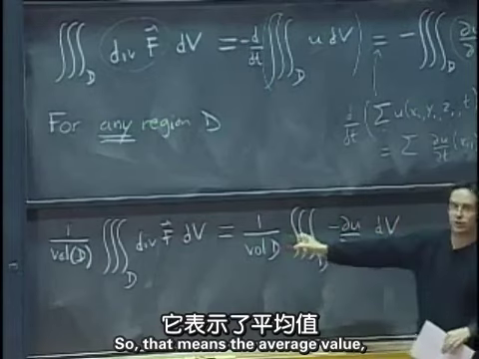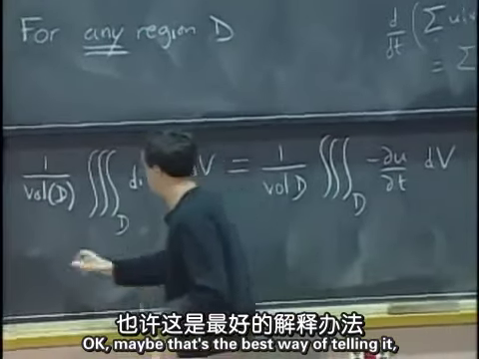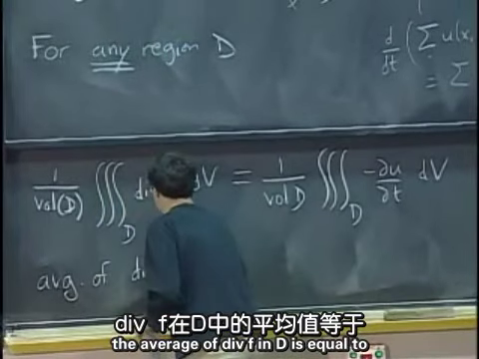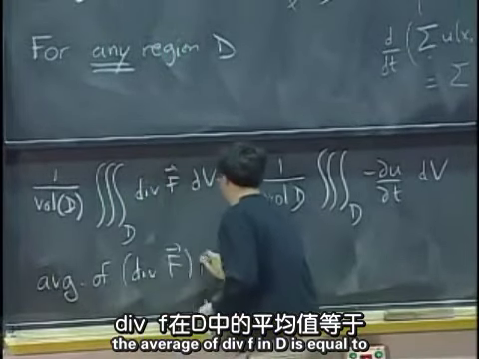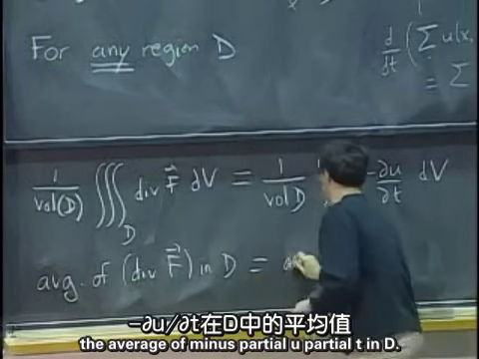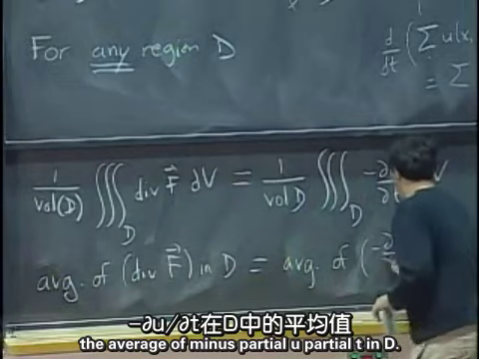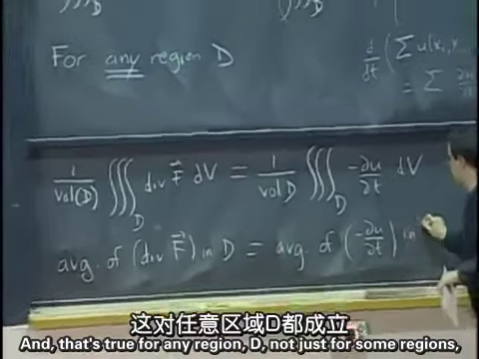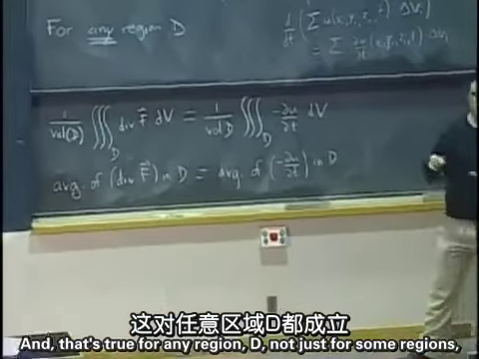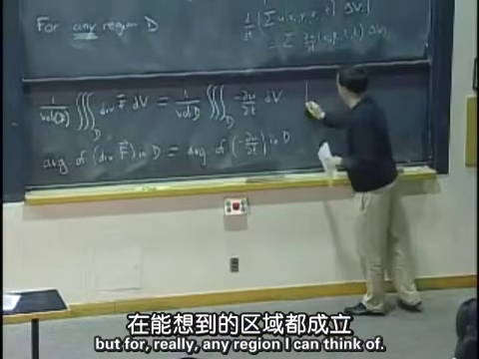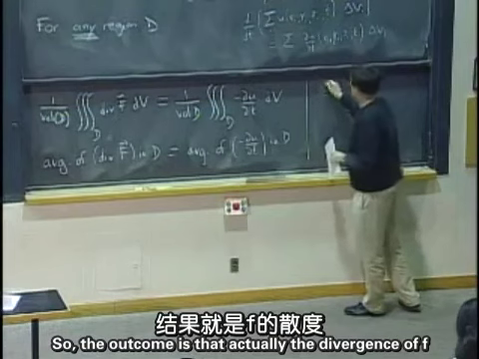So that means the average value, okay, maybe that's the best way of explaining it. The average of div F in D is equal to the average of minus ∂u/∂t in D. And that's true for any region D, not just for some regions, but for really any region I can think of.